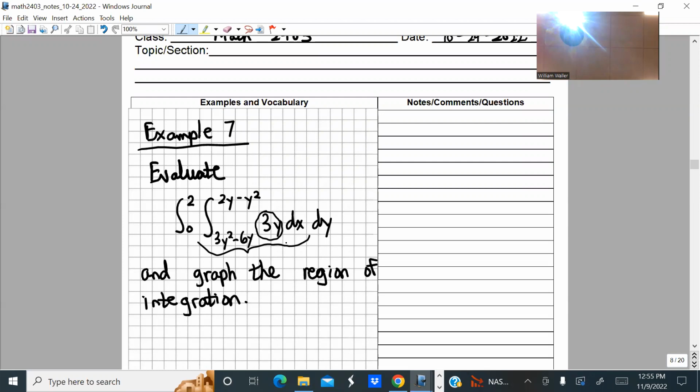So this antiderivative is, let me write it down here, just 3xy. But you have to, of course, evaluate it at your limits of integration. So you have 3y squared minus 6y, and it's messier to write down actually than it is to do.